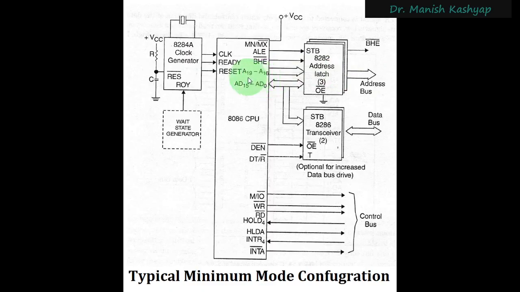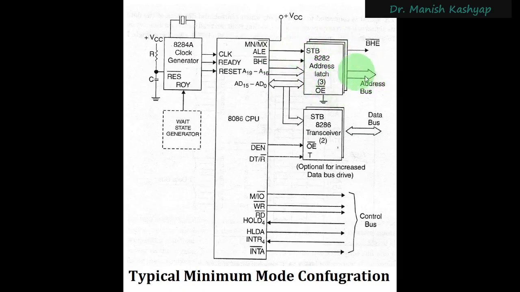You can see that it has taken A19 to A16 as well as AD0 to AD15. Whenever this ALE signal is activated, which we will see in the timing diagram, in the T1 state this ALE signal will be enabled and the addresses will be latched during that particular state.